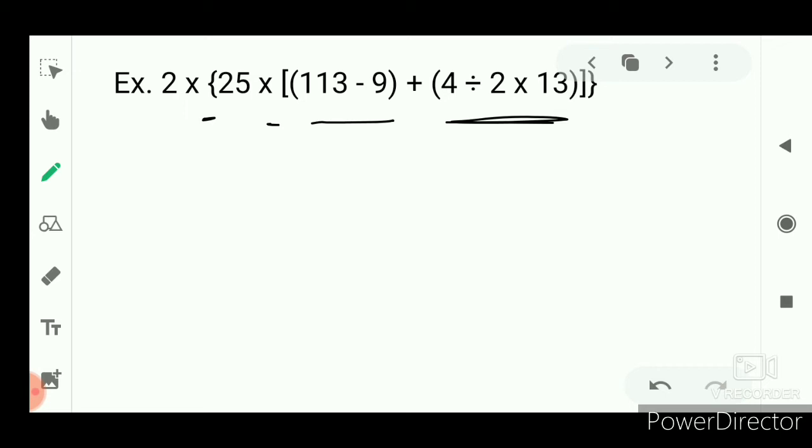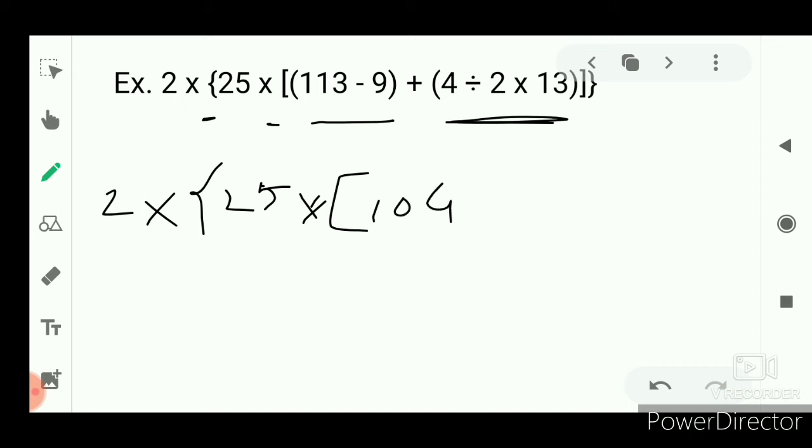Okay, so 2 into 25 into 113 minus 9 will give 104, plus 4 divided by 2 will give 2 into 13.